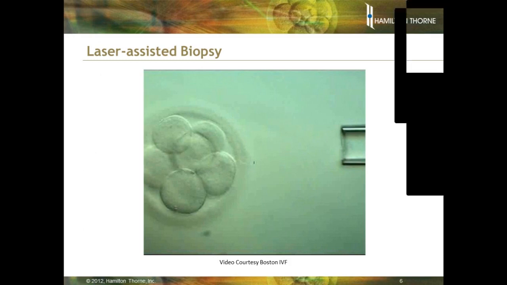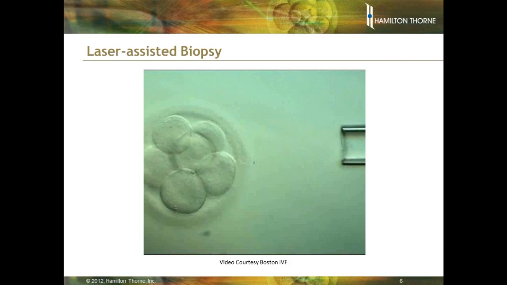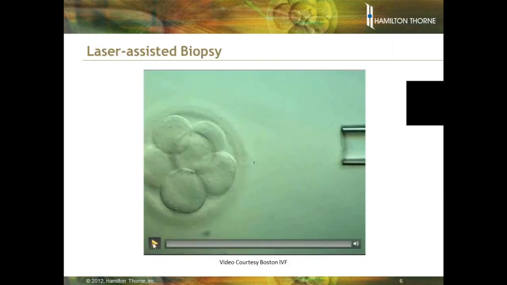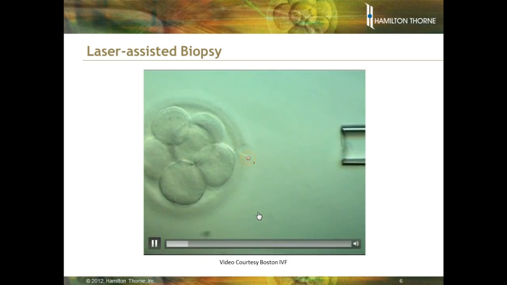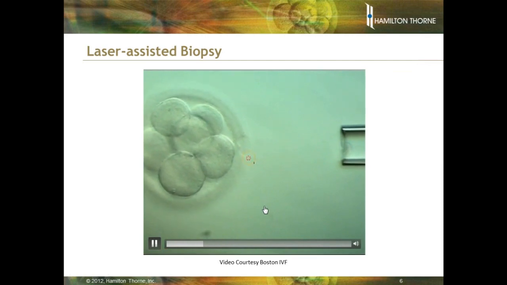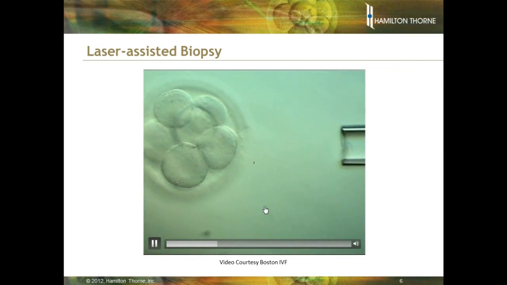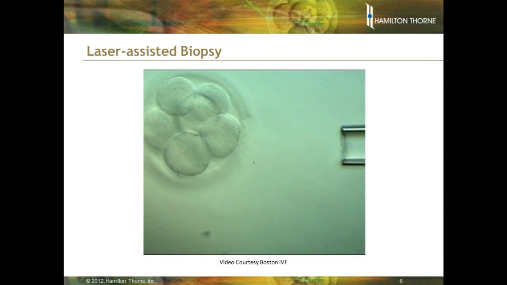Now, I'd like to show you a brief image of exactly how this works. In this case, we can start it here, and what you're going to see is a small red circle representing the laser, and a yellow or orange ring around it, which represents the distance at which the zona pellucida will be liquefied.